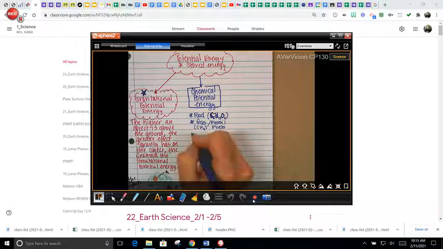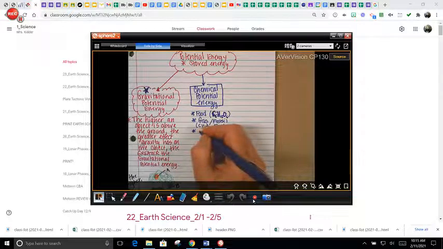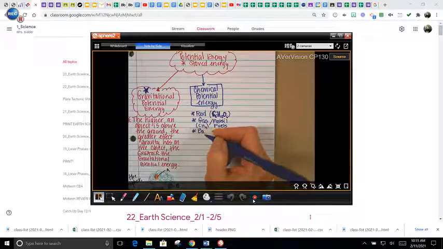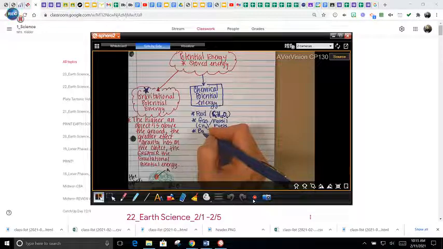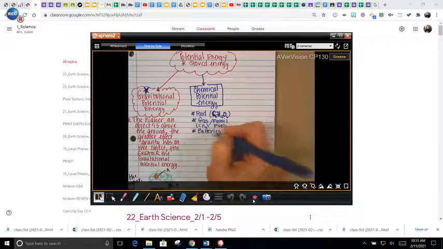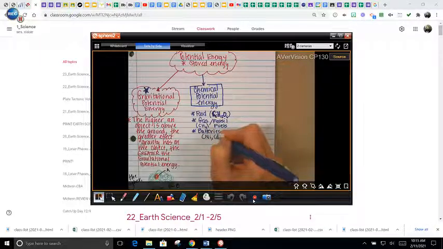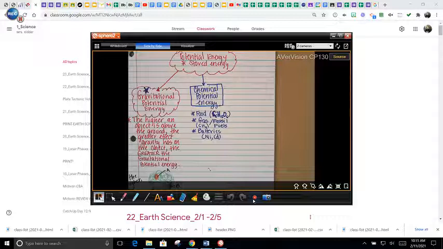And one last one that we're going to throw in here is batteries. Batteries have stored or chemical potential energy. And if you've ever looked at a battery, they are made of nickel and cadmium. Those are two examples of elements that can be found in batteries. But those batteries store energy.